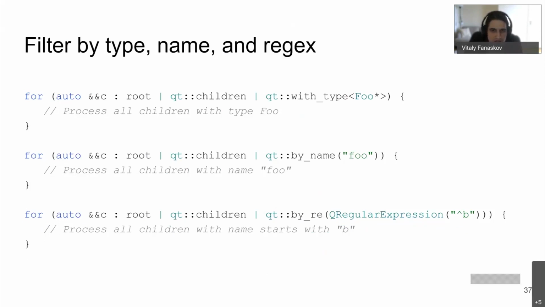And in the same manner, we can filter everything by name or by regular expression. And I think those functions don't necessarily need to be a part of the library, or can be easily extended or added, because now you need only to add a small chunk. You don't need to modify the entire signature of the function. And this is kind of cool.